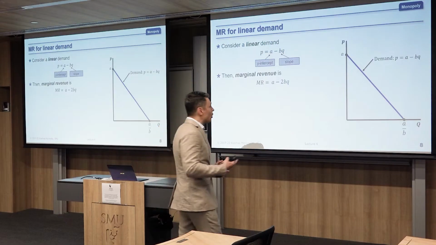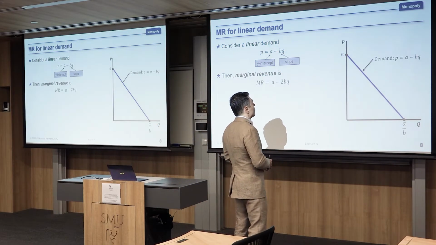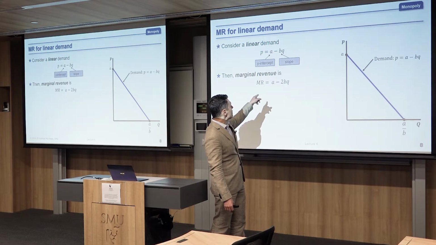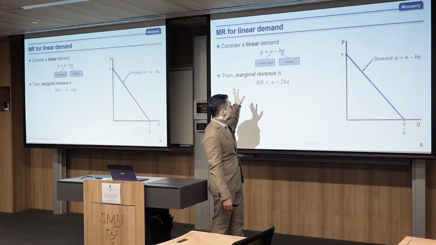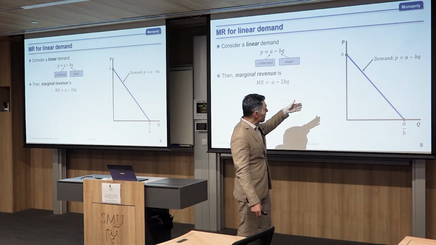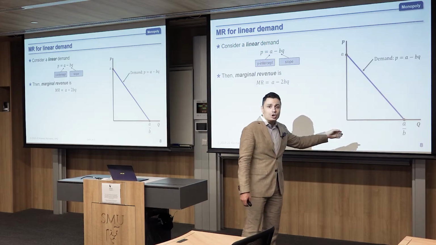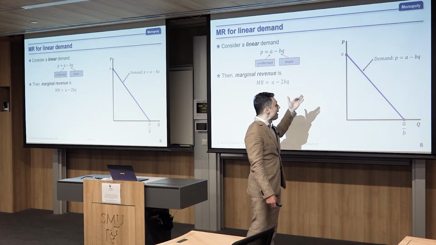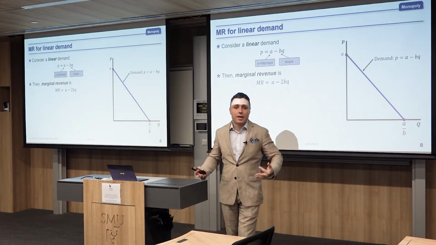This means if I want to draw this particular curve, I will have to start from the same intercept, because the intercept of the demand and the marginal revenue is always the same. So I will start from the same intercept and I will go down with double the slope, which means that my marginal revenue will be a little more vertical than my demand.